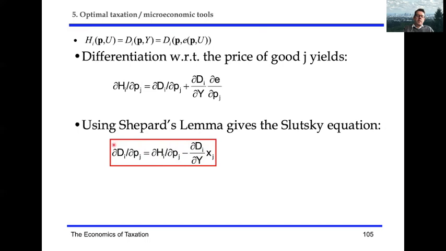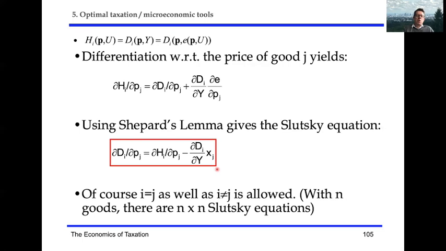Taken together, the Marshallian price effect can be split up into a compensated price effect and a weighted income effect. Of course, we can also have that i equals j. Then we have the own price effect, but any j different from i is allowed as well.